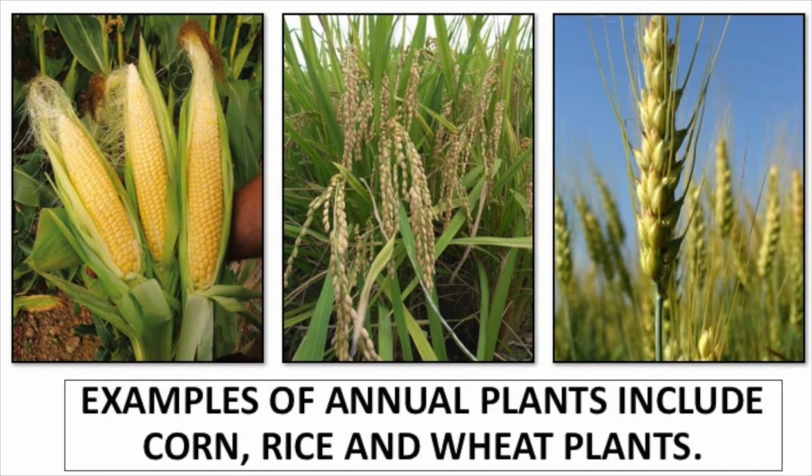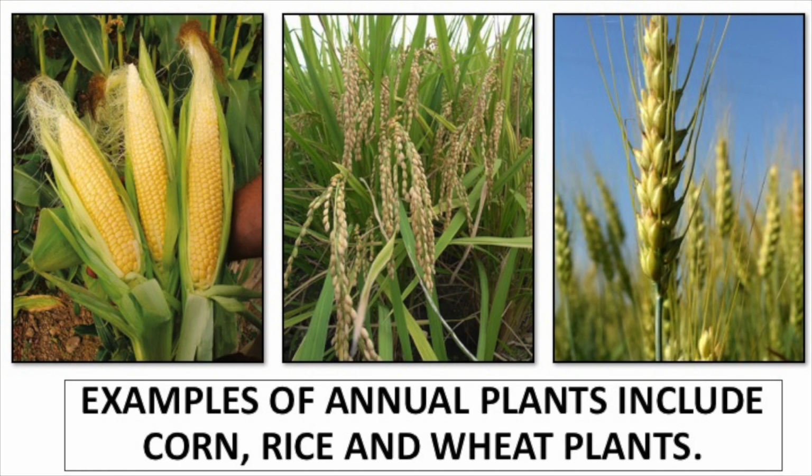Examples of annual plants include corn, rice, and wheat. Yes, these 3 plants here, corn, rice, and wheat, they only have 1 season.